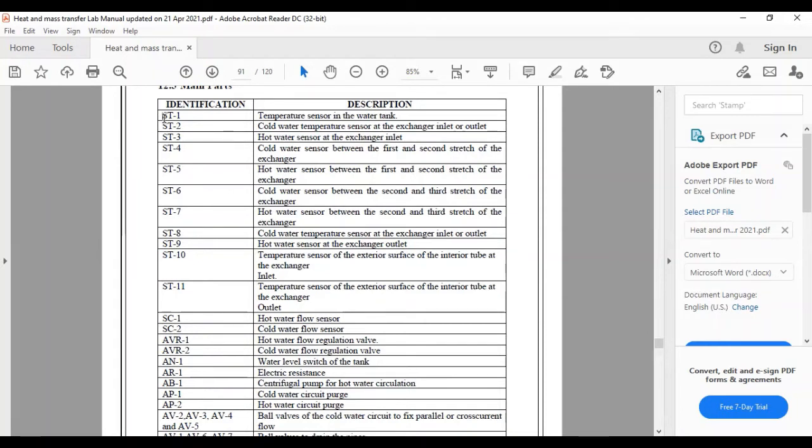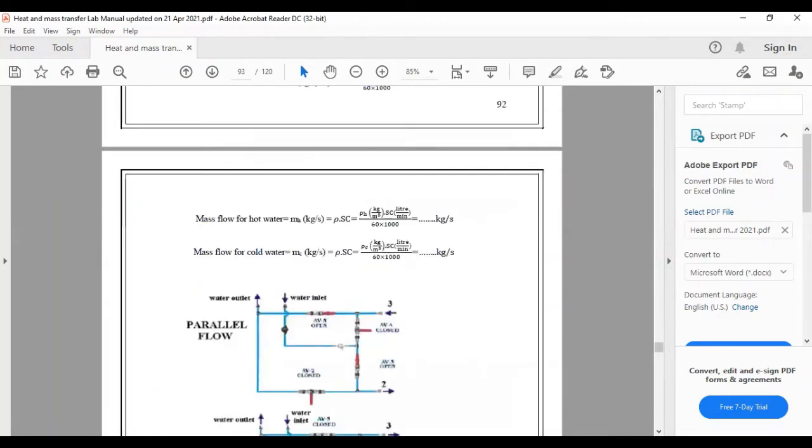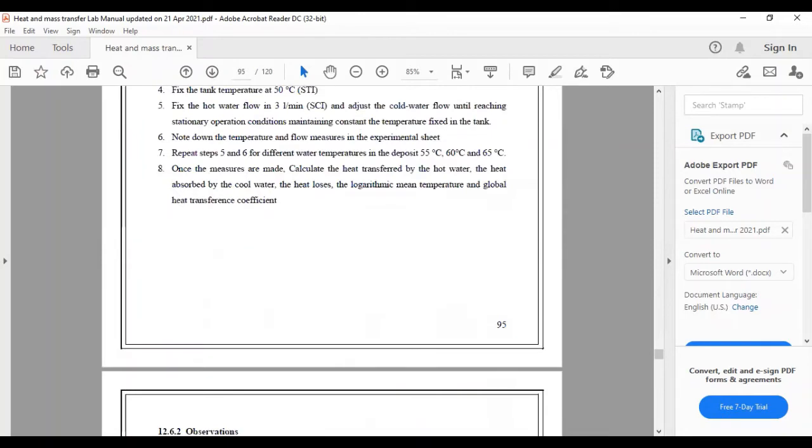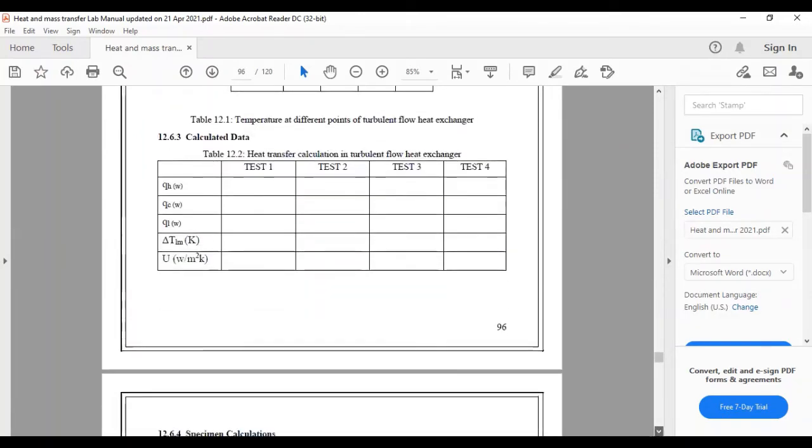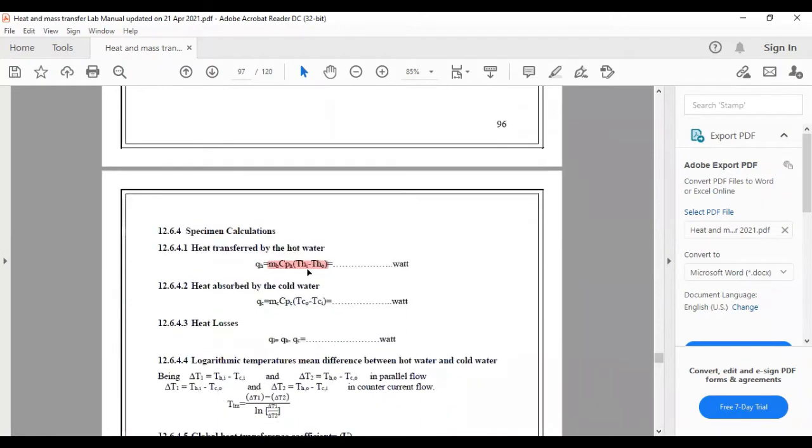So all these temperatures represent THI, hot water inlet, TH naught, hot water outlet, and similarly TCI, cold water inlet, and TCO, cold water outlet. We will use all these values from this table here. THI represents the hot water inlet, and TH naught the hot water outlet.